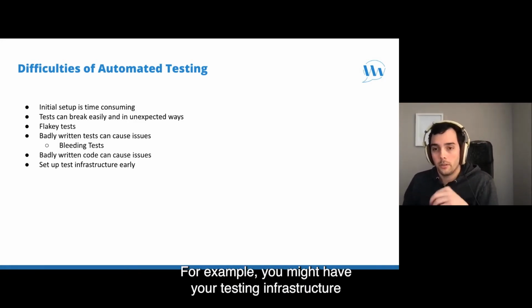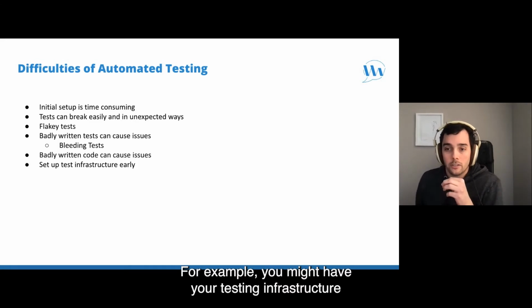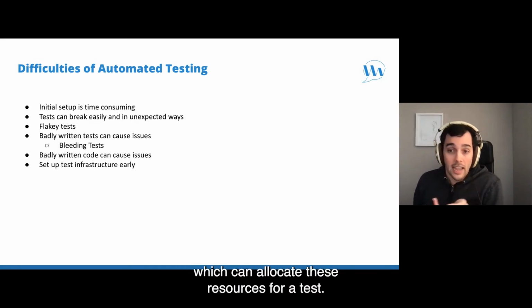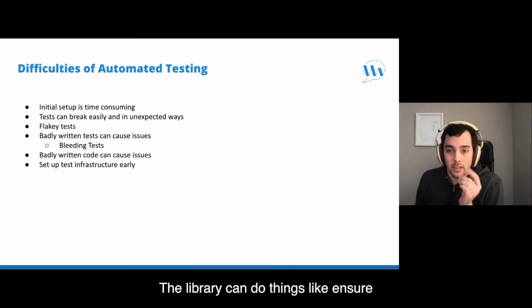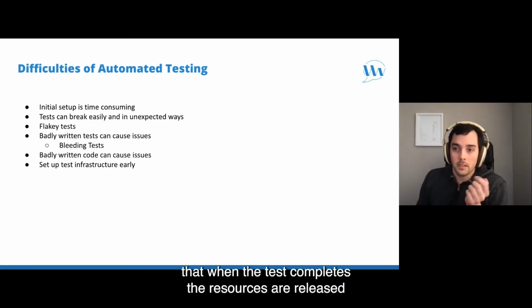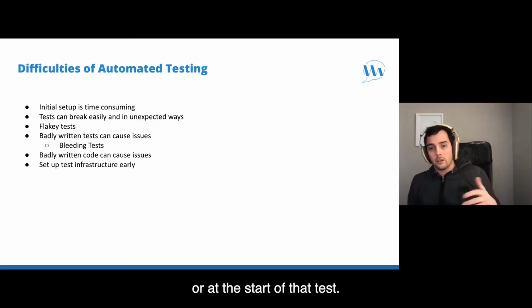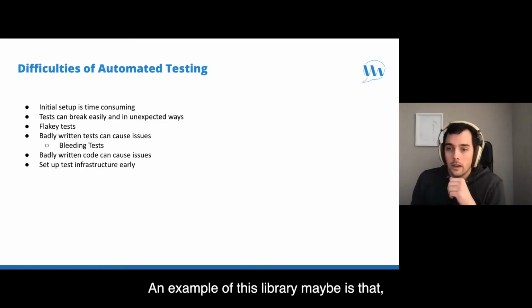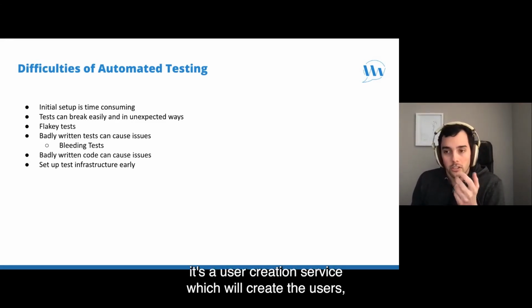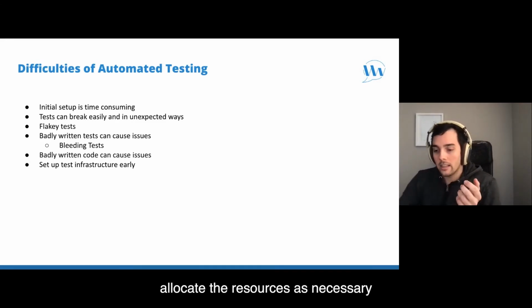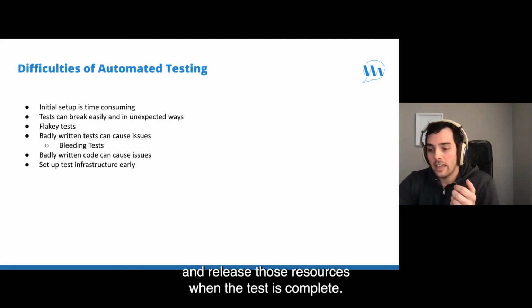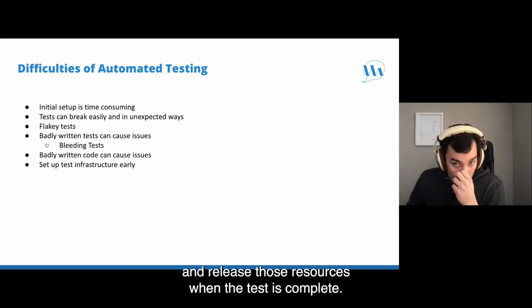For example, you might have your testing infrastructure include a library which can allocate these resources for a test. The library can do things like ensure that when the test completes, the resources are released and the state is back to where it was at the start of that test. An example of this library maybe is a user creation service, which will create the users, allocate the resources as necessary, and release those resources when the test is complete.